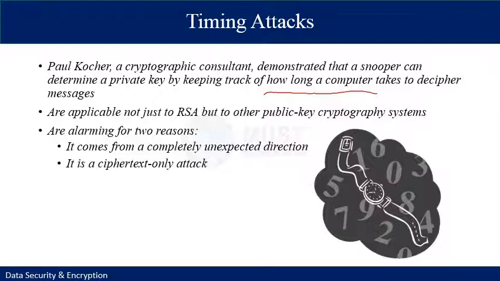It is applicable not just to the RSA algorithm but to other public key cryptographic systems. There are two alarming reasons: first, it comes from a completely unexpected direction, since you do not know the attacker or the timing of the decryption, and second, it is a ciphertext only attack.